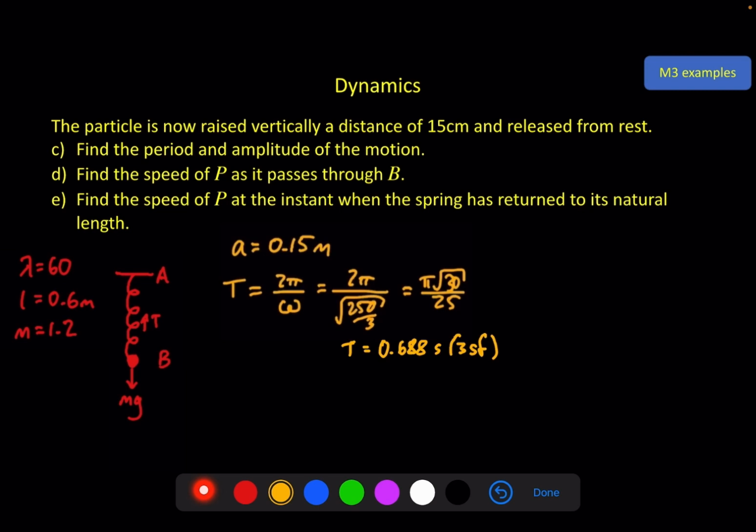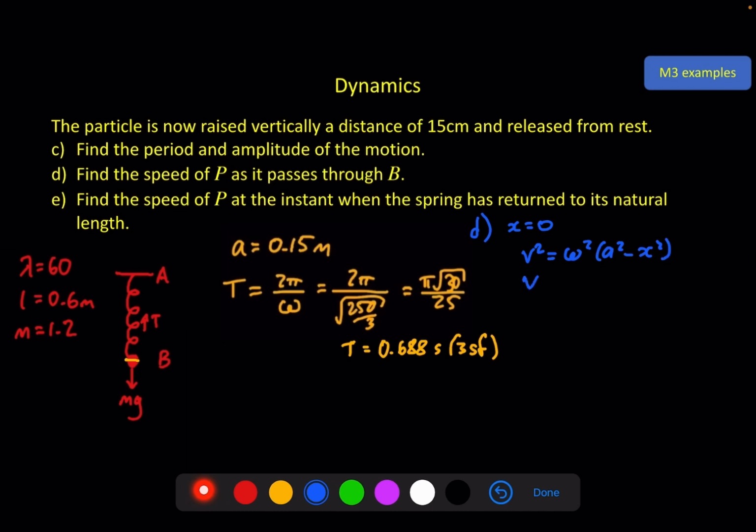Part D, find the speed of P as it passes through B. Now remember, B is the center of oscillation, the equilibrium point. So as it passes through B here, it's going at its maximum speed. So this is similar to saying find v when x is equal to 0, using the equation v squared is equal to omega squared times a squared minus x squared.